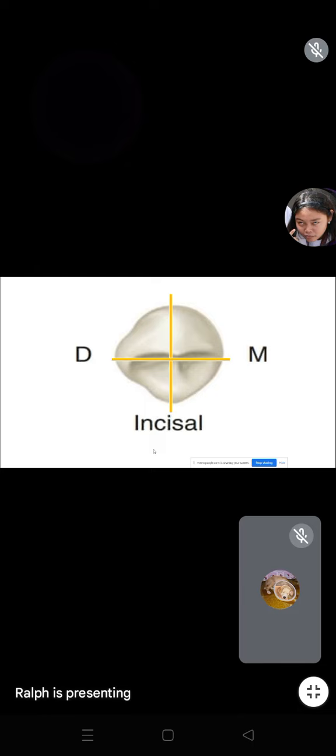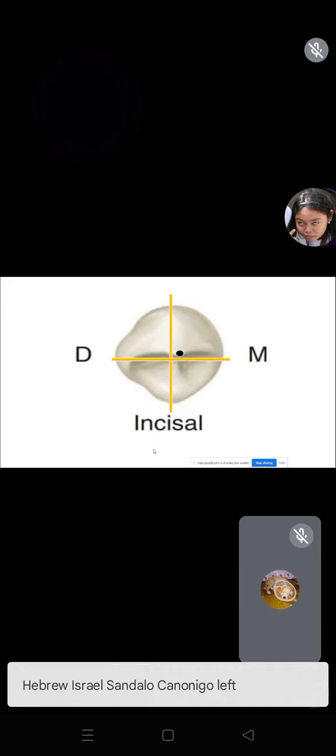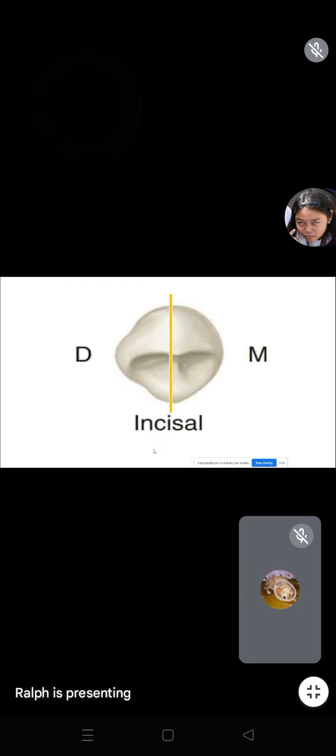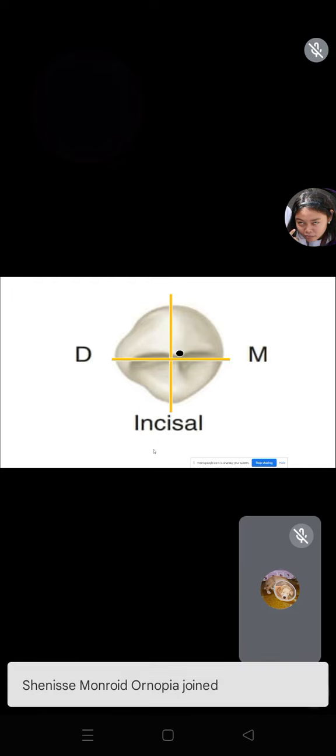Where's the location of the cusp tip, labial or lingual? Labial. So the cusp tip is labial and mesial.